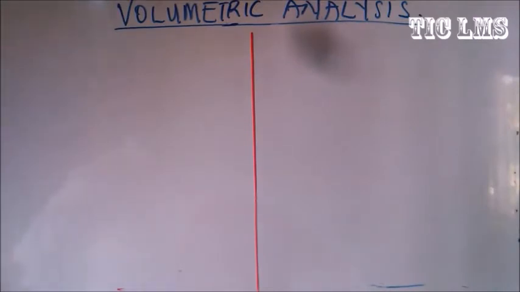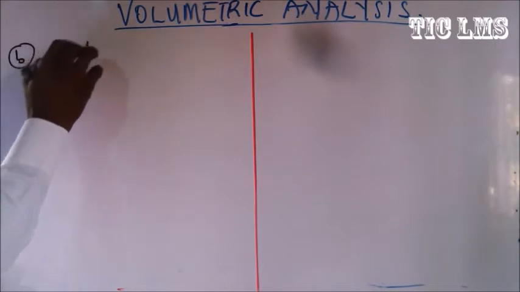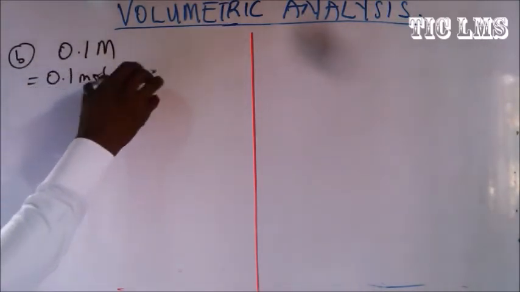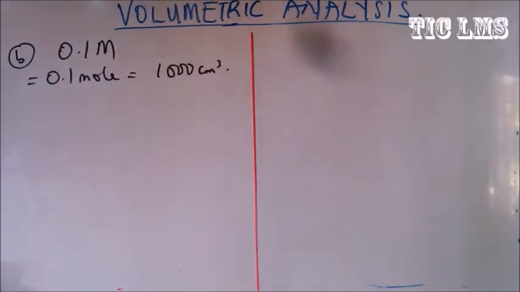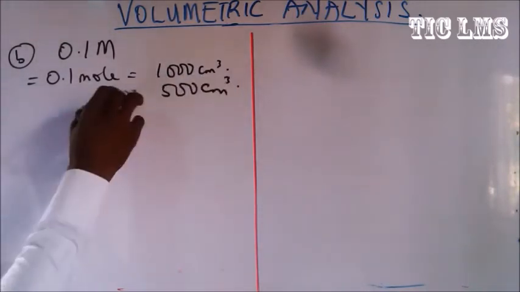Alright, so here is the next part of the question. It says hydrogen chloride in 500 cm cubed of 0.1 molar solution. So we have 0.1 molar solution, which means 0.1 mole in 1000 cm cubed, right? And then in 500 cm cubed, how many moles are we going to have?